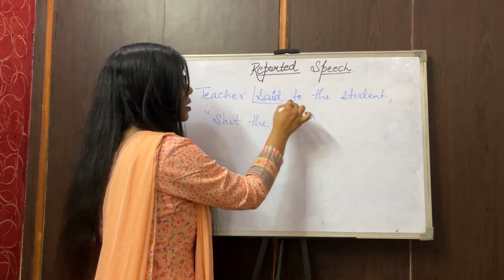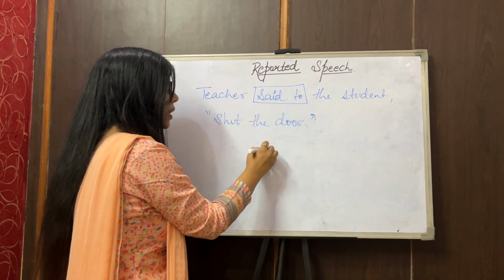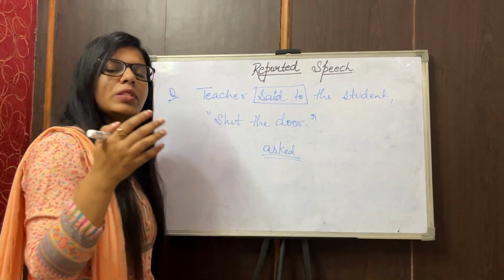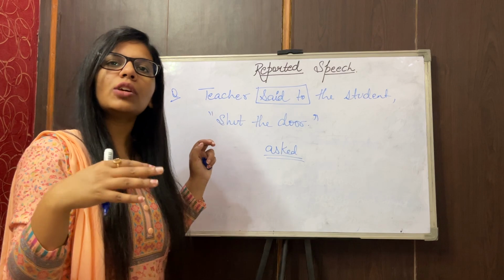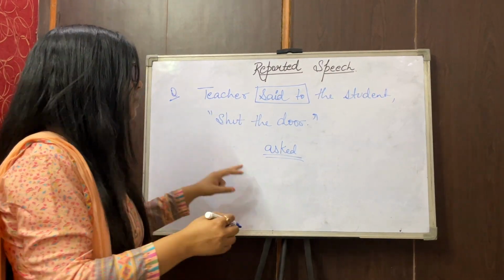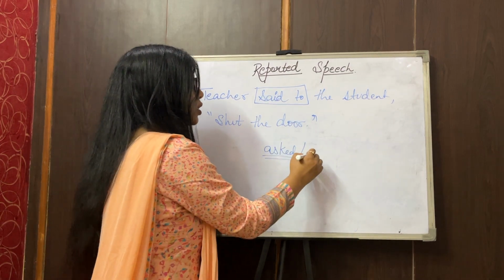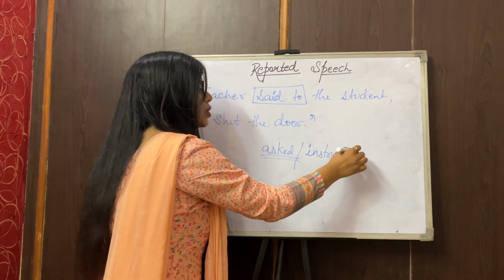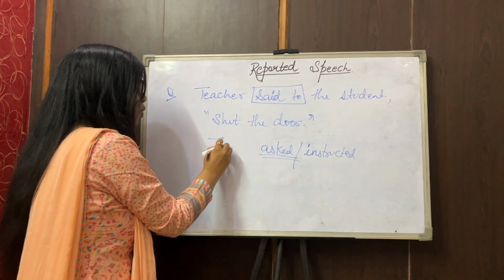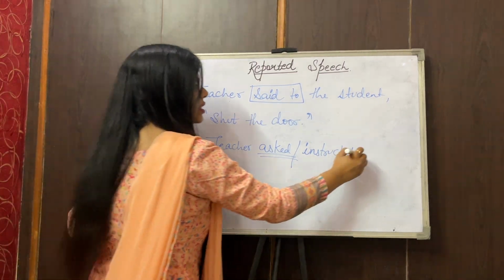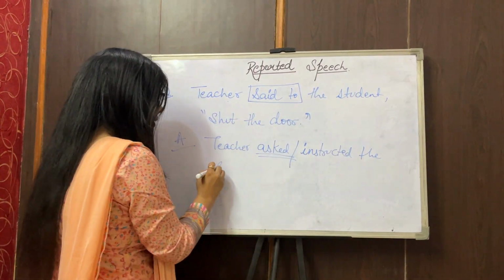So here this "said to" can be replaced with the word ask. Please don't get confused. Ask का मतलब सिर्फ पूछना नहीं होता, बल्कि किसी को कुछ करने के लिए बोलना भी होता है, कुछ इंस्ट्रक्शन देना भी होता है. Or you can also use another word like instructed. Okay. So teacher will remain of course as it is. Teacher asked or instructed the student.